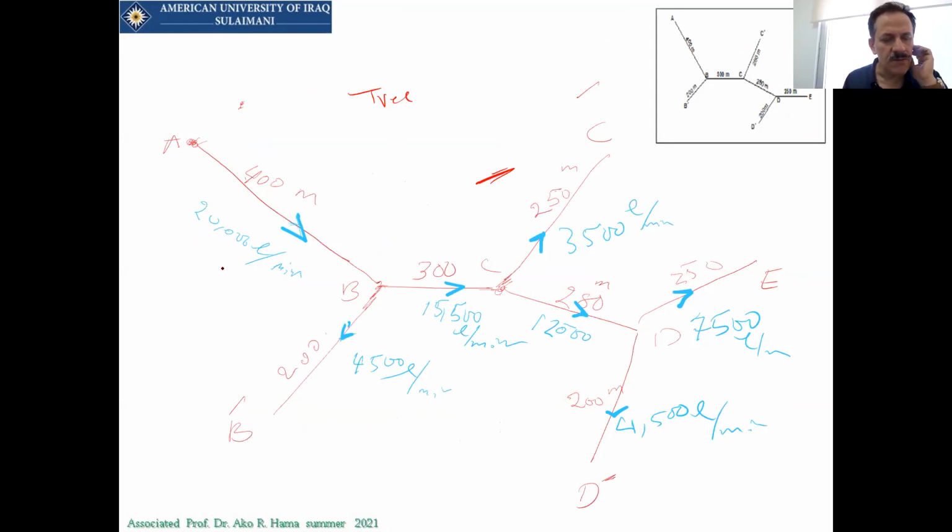And we have to find its value in meter cube per second. We have the Q here, and we have the length. And by the way, we have the ground level of point A. Ground level of point A means that there is a tank at point A, which is 20 meters above this one. This is the ground level, I mean the level of water at this point.